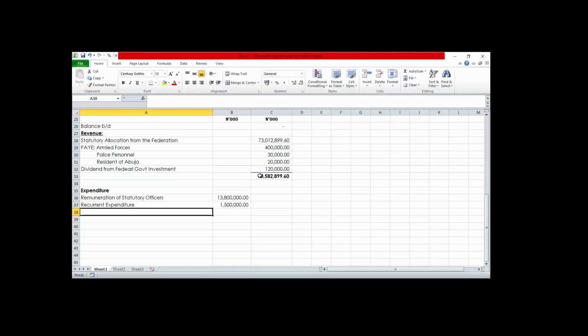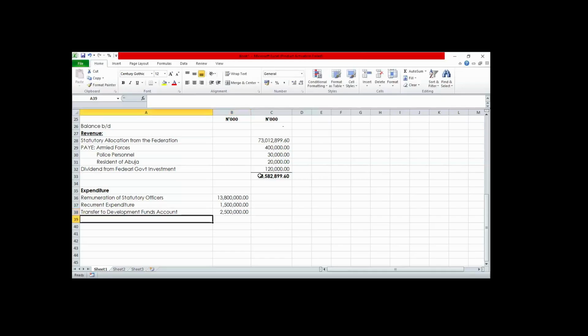Transfer to development fund. How much? 2.5 million.